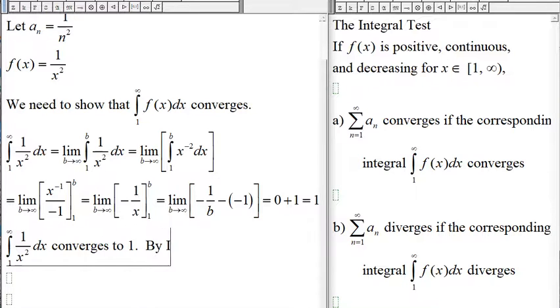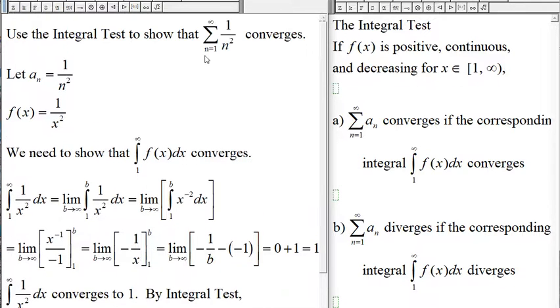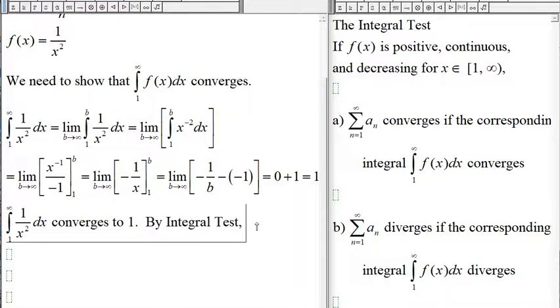And therefore by the integral test, the infinite series right here also converges.